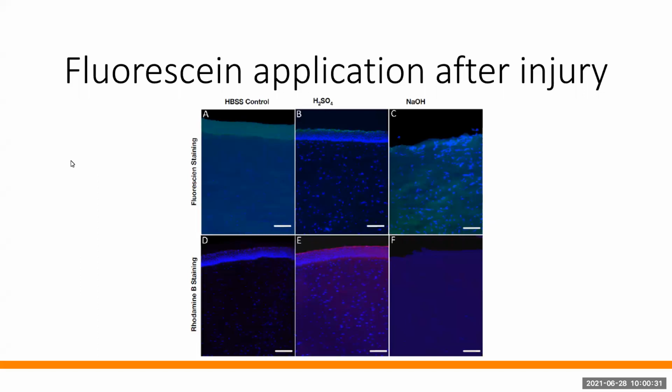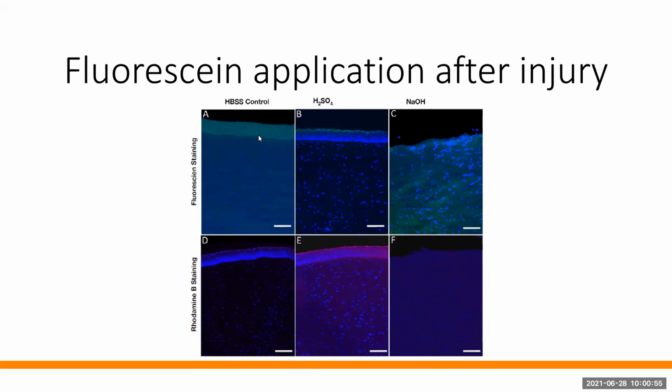This is an example of the extent to which injury affects penetration. So we took some corneas and we injured them with acid injury or alkaline injury, and then we applied sodium fluorescein and rhodamine B. And so you can see the extent to which rhodamine B penetrates the eye, which is not very much.